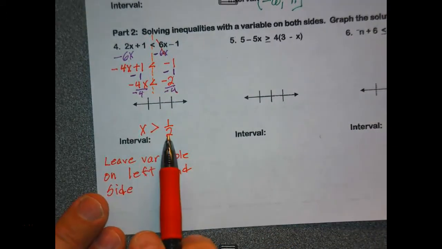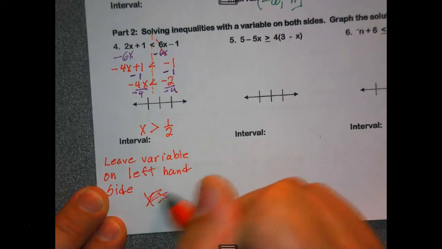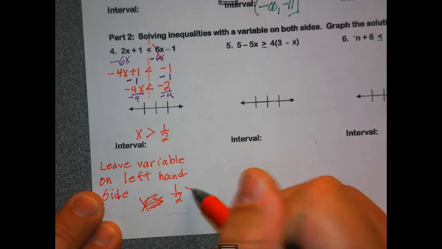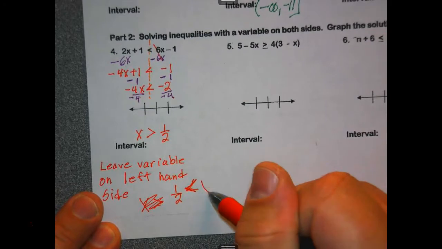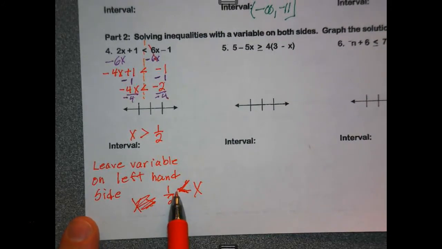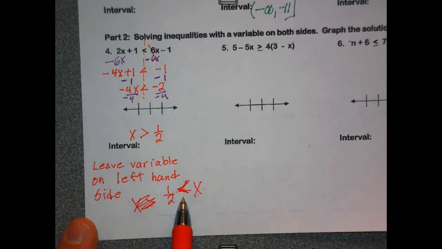This is easier to graph than this. I can't even write it because it gets confusing. I tell you, 90% of students make mistakes when they go to graph this. It's the same thing as this, it's just flipped around.